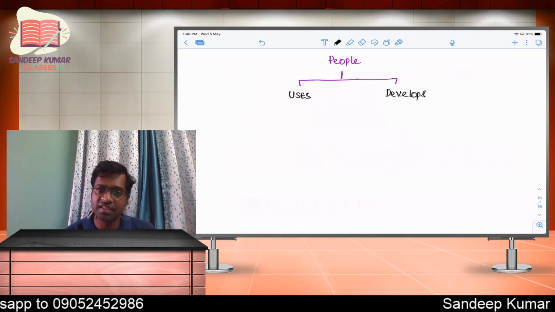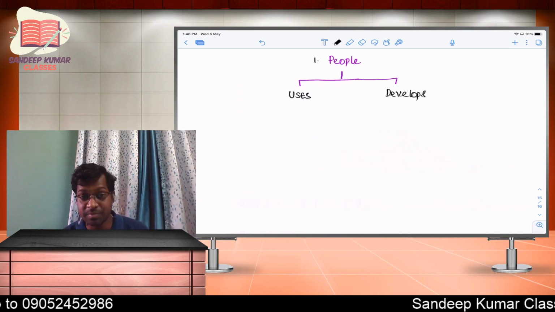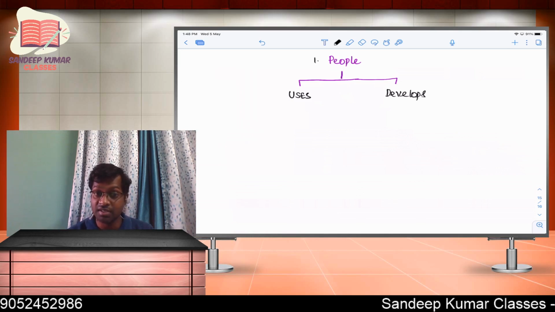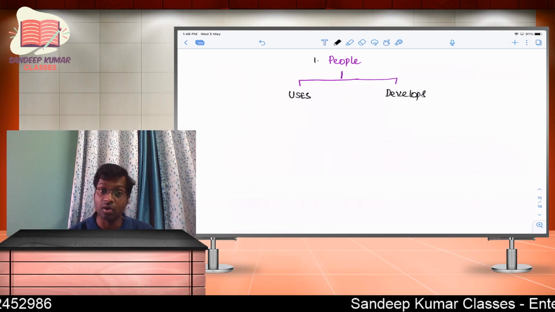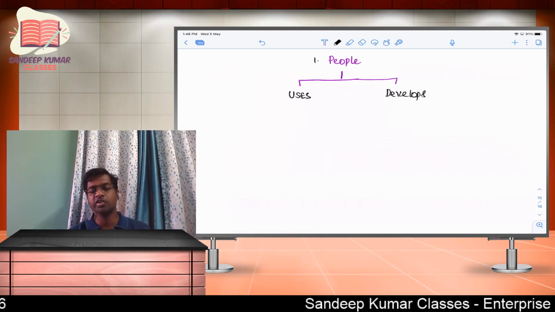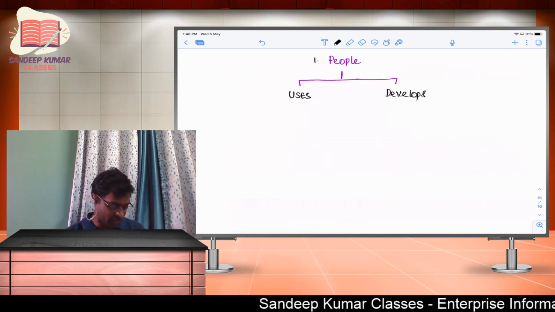So the first component of information systems is people. People are nothing but a person who uses an information system, or a person who develops the information systems or develops the programs. So people is defined in two ways. First one is user, second one is developer.